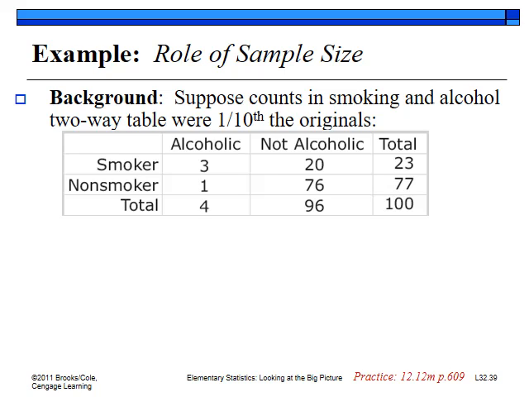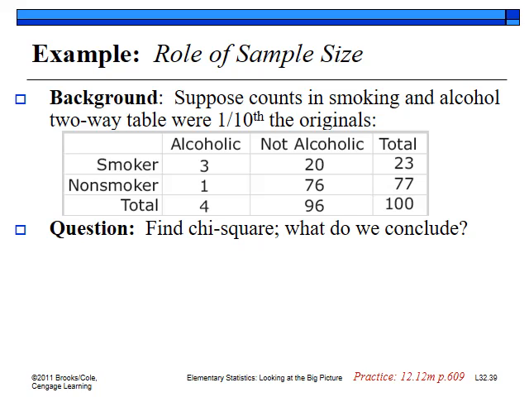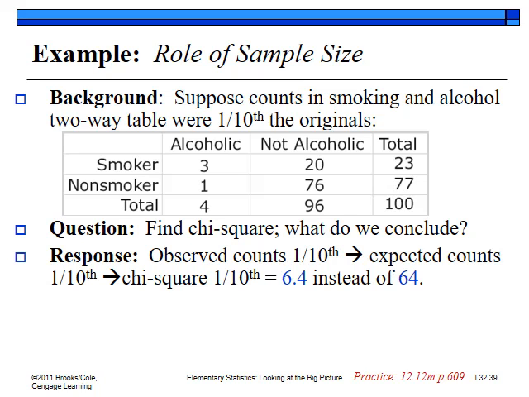So if we go back to the alcoholism and smoking example, and we cut all of the counts by 10, what's our chi-square? Well, the observed values would be 1/10 as big, so the expected counts are 1/10 as big, which means the chi-square statistic should be 1/10 as big.